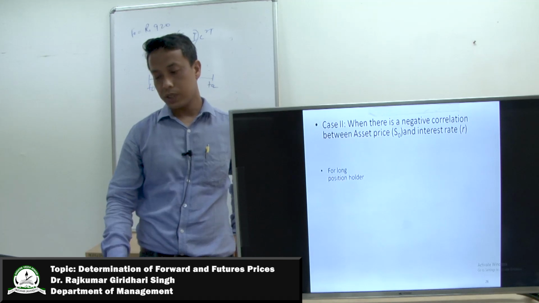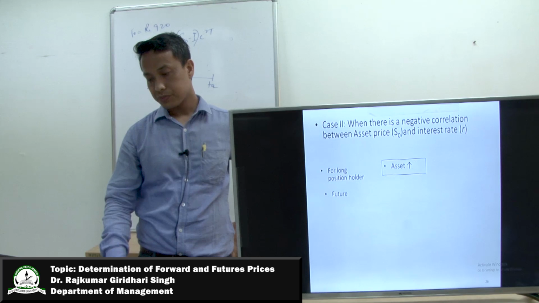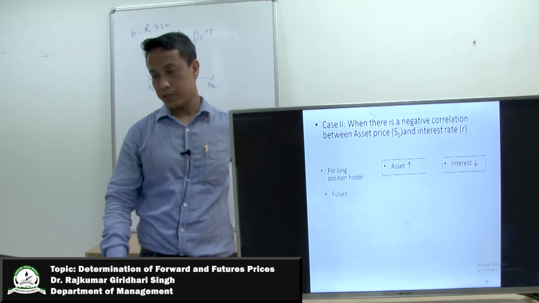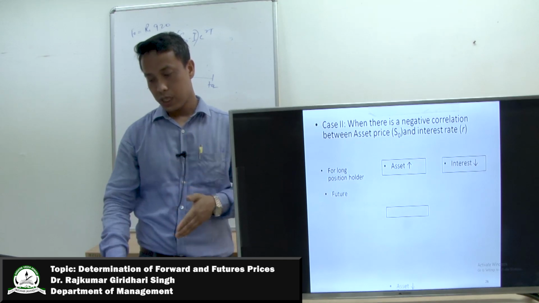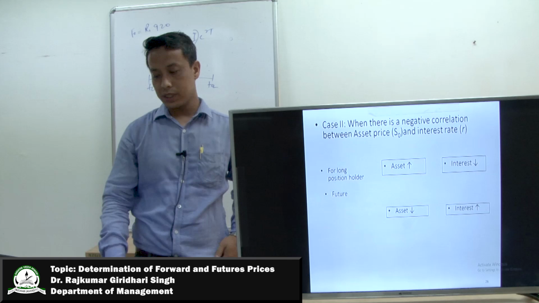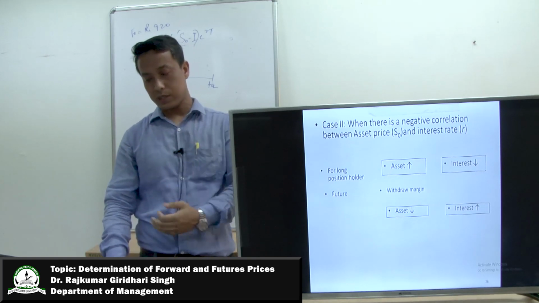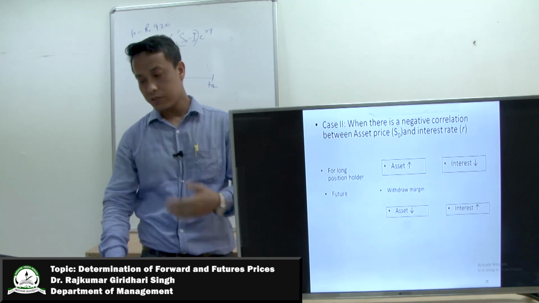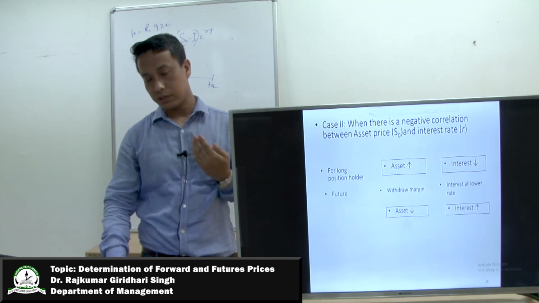Now, what would be the condition if there is a negative correlation? It means when asset prices rise, the interest rate falls, and when asset prices fall, the interest rate rises. In this case, it's not beneficial, because when asset prices are rising, you have excess amount coming in, but you cannot invest at a higher rate of interest; you have to invest at a lower rate.